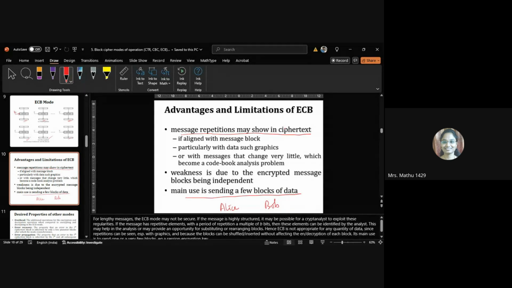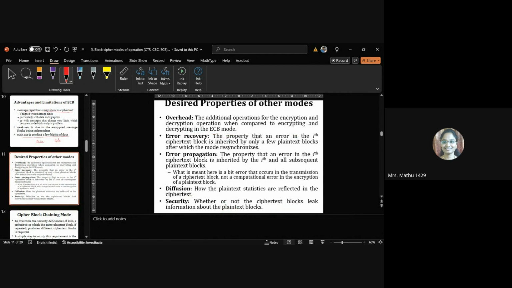That becomes an advantage for the cryptanalyst to analyze what kind of data is being sent. So these are some of the advantages and limitations. To strengthen this method, we need to go for other modes of operation to improve the security.